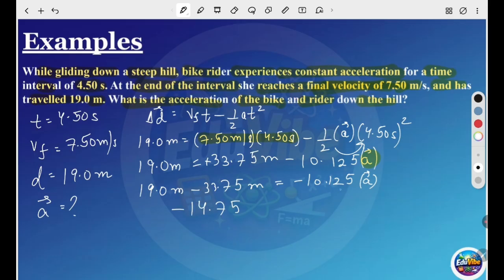This is the multiplication over there. When it goes down, it becomes a divide. So you have to divide this: minus 14.75 divided by 10.125 is equal to the acceleration vector.